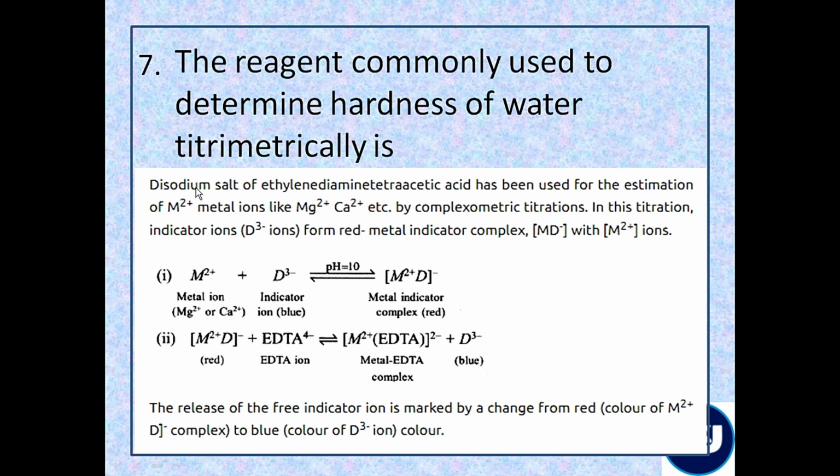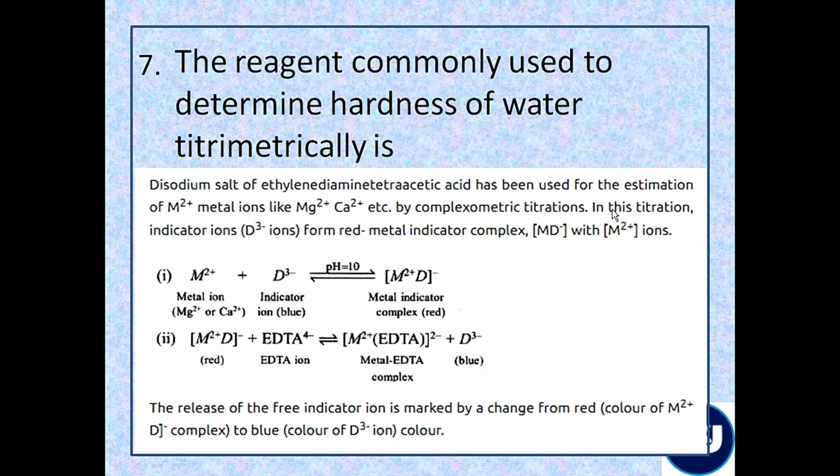Now, disodium salt of ethylene diamine tetraacetic acid, that is EDTA, is used for estimation of M2+ ions like Mg2+ and Ca2+, which are present in hard water, by complexometric titrations.